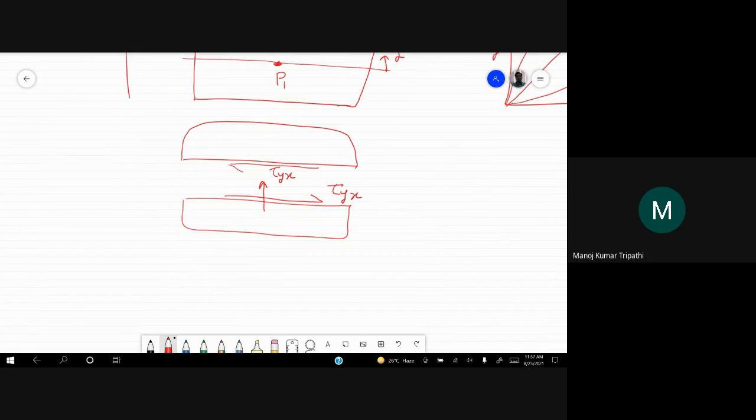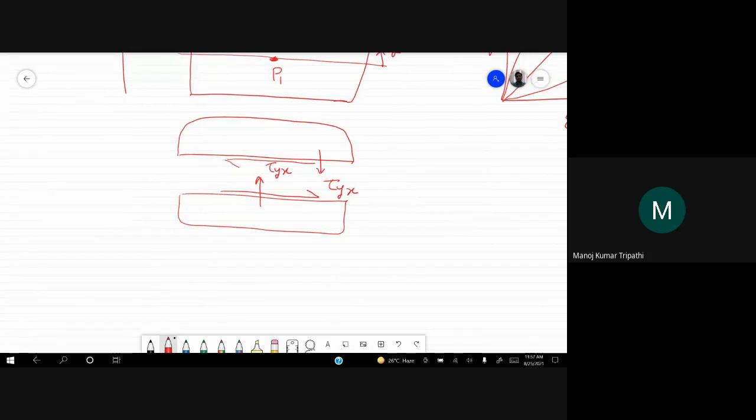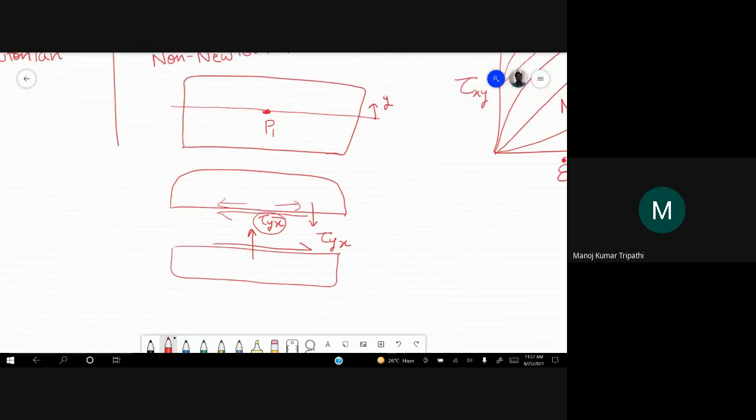But if a surface has a normal in the negative y direction, then the force, if it is acting in the negative x, we will consider that as positive. If it is acting in the positive x, we will consider that as negative. So that is the sign convention. It has to be exactly opposite of what we consider for the lower layer. Only then will our answers be consistent.